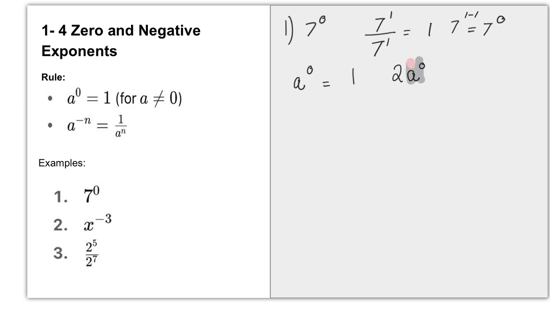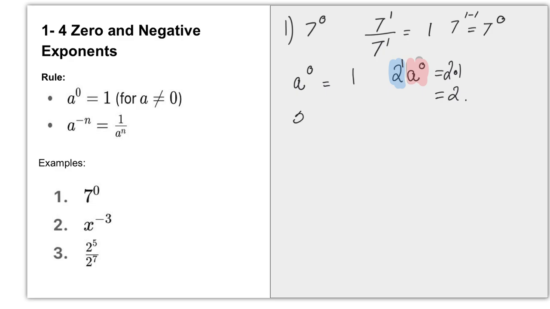If you were thinking this equals 1, there could be an error, because a raised to the 0 power is 1, but 2 is raised to the first power, so that will be 2 times 1, and that will equal 2. That's a tricky one, so make sure you know that part.